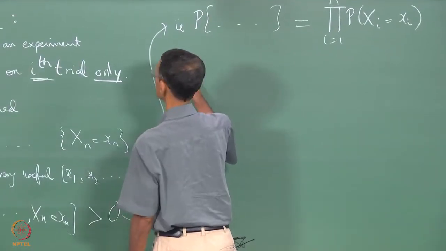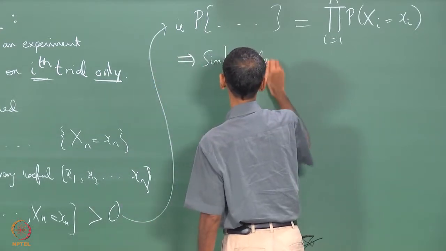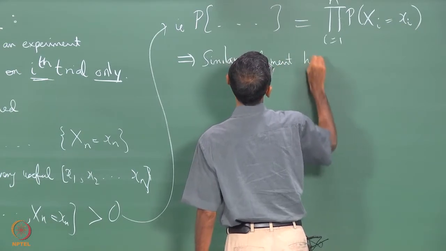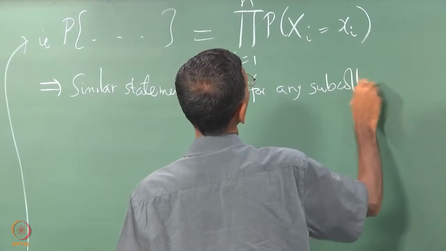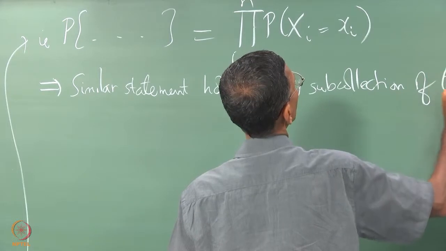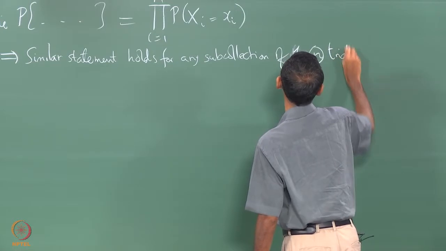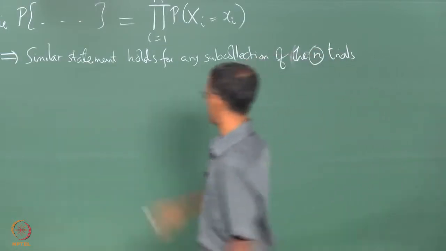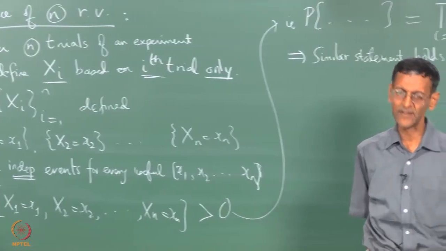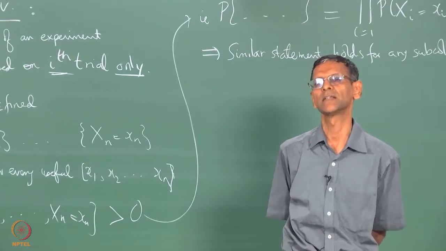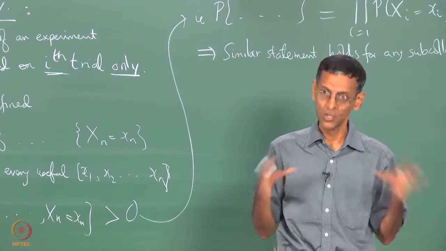So a similar, equivalent statement holds for any subcollection of the n trials. All of this follows just from the n independent trials, right? If you have n independent trials, you can always disregard some or as many of them as you want to disregard. You can focus your attention only on what you want to look at.